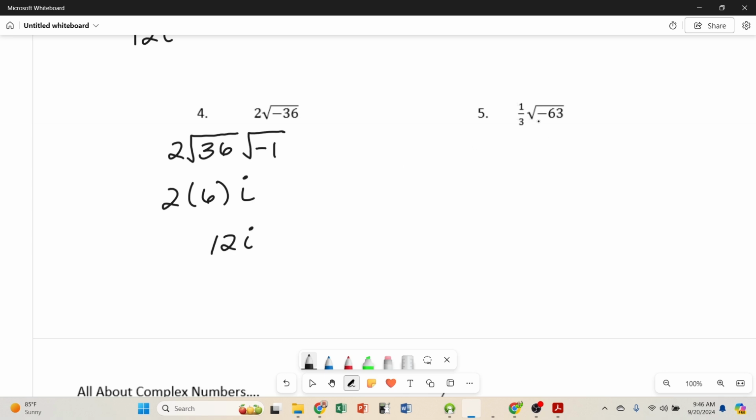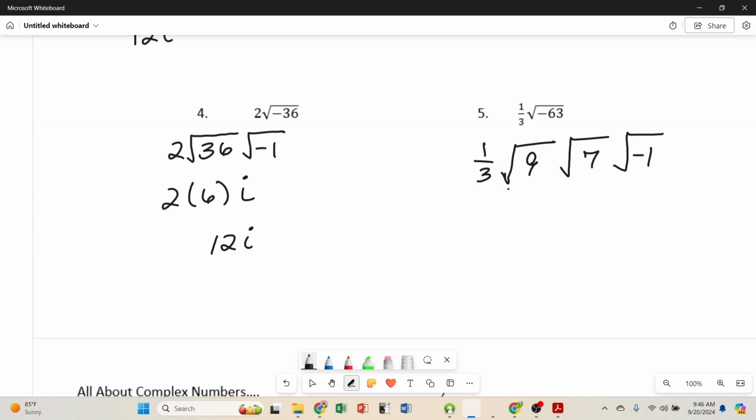Next, 1/3 times the square root of negative 63. So this would be 1/3. Well, 9 is a perfect square, so I'll take 9 out. I've got 7 as my other factor of 63, and then the square root of negative 1.